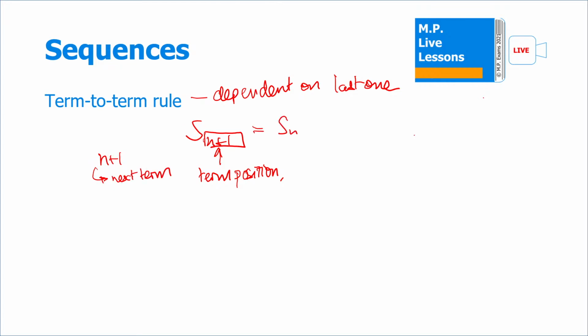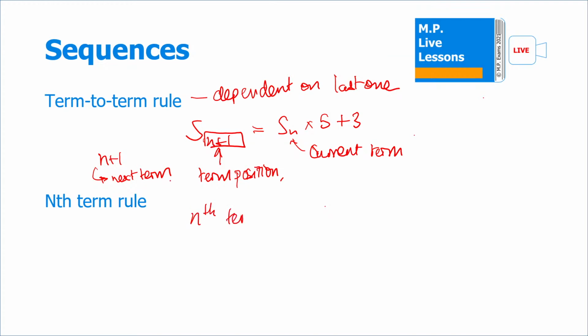So let's say Sn would mean current. That could be a term-to-term rule, and the nth term rule purely depends on position. For example, it'd be something typical like 5n minus 3. And all I have to do is substitute the term position, and then you get your value for the sequence.